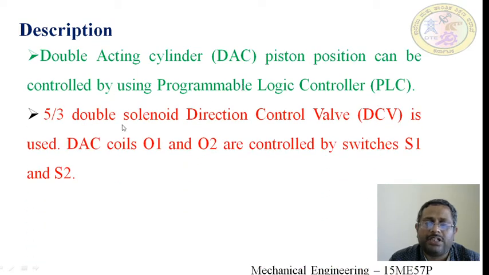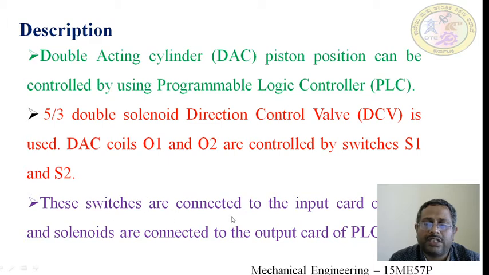And the 5/3 double solenoid direction control valve, that is DCV, is used, and the coils O1 and O2 of the DAC are controlled by switches S1 and S2, which in turn are connected to the PLC. These switches are connected to the input card of the PLC. The switches S1 and S2 are connected to the input card of the PLC, and the solenoids, that is O1 and O2, are connected to the output card of the PLC.